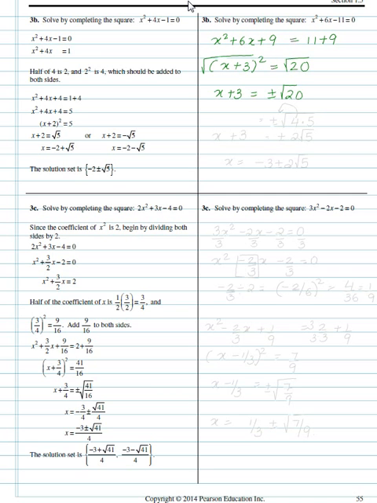So I can go ahead and simplify the 20. 20 would be 4 times 5. 4 gets kicked outside as a 2, so plus or minus 2 radical 5. So x plus 3 is plus or minus 2 radical 5. So x is equal to negative 3 plus or minus 2 radical 5.